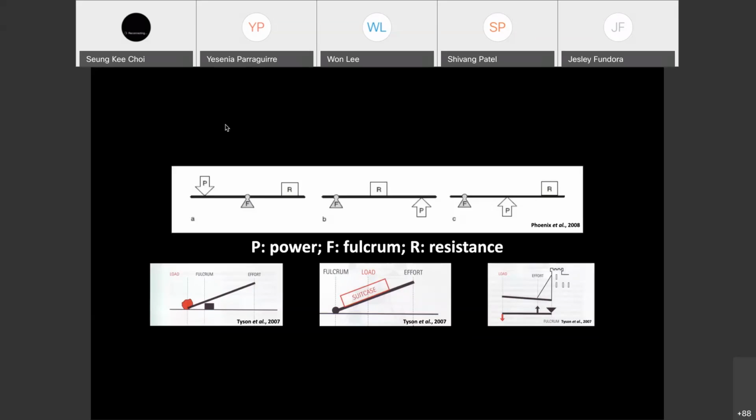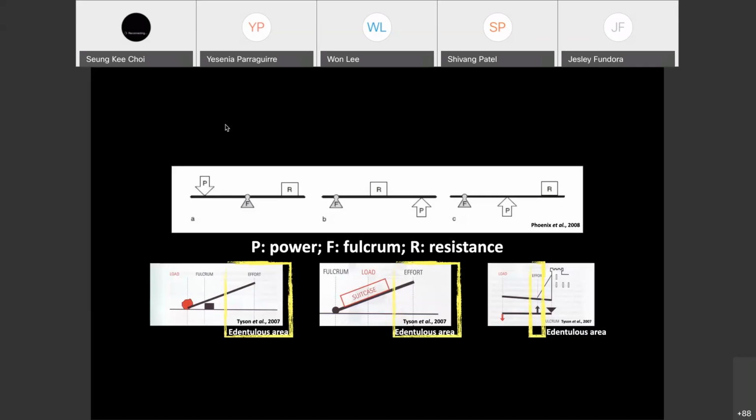I appreciate physics. When you look at different textbooks, different sources online, especially, you might find drawings labeled differently. But this is how I remember. When I think about lever, I'm looking at load, fulcrum, and effort. And sometimes you see maybe load is power or effort is power.